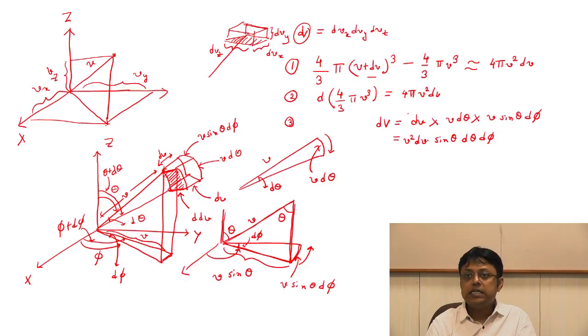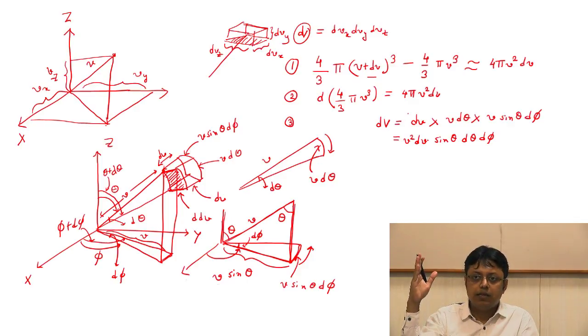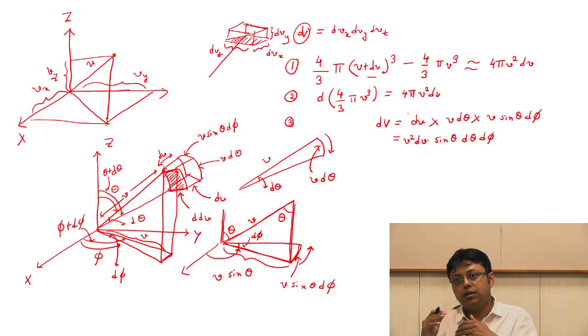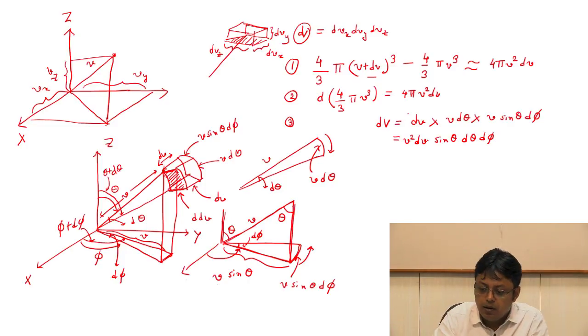So now I have to integrate over theta and phi. Because I'm just keeping the length the same, I've done an incremental change and I'm sweeping along any direction, and that will give me the volume of this spherical shell. Shell means it is just that structure that lies between two concentric spheres.